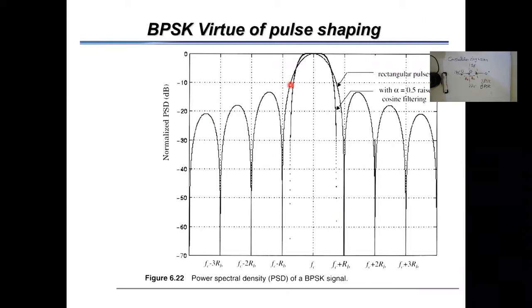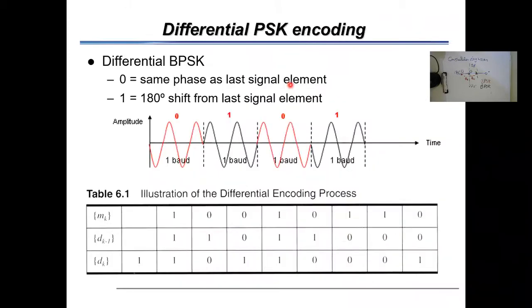We also have another way of binary phase shift keying, which we call the differential phase shift keying. In differential phase shift keying, we are using a different way to represent ones and zeros. Whenever you have a zero, you have a continuous phase. So for example, it's 1 and then 0, as you can see.